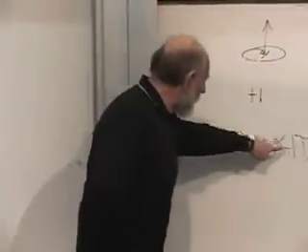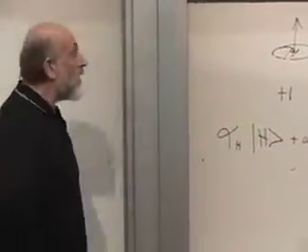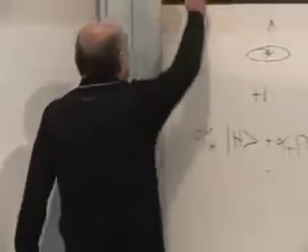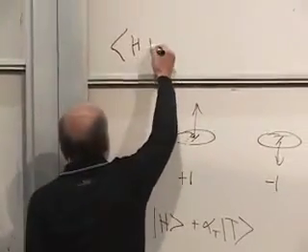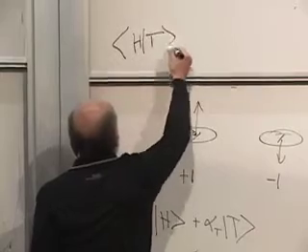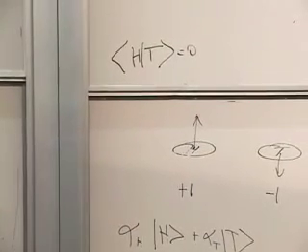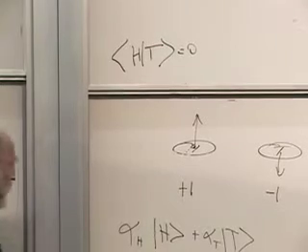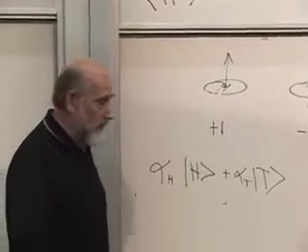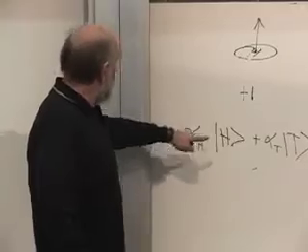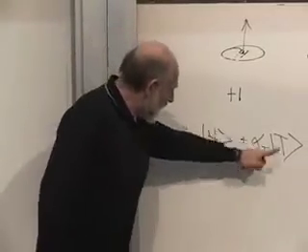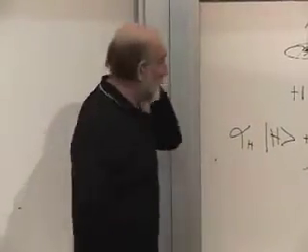So we assume that h and t are orthogonal to each other. That means that h and t have 0 inner product. Another rule, which is now somewhat arbitrary, but we can impose it, is that we can also choose the vectors h and t to be of unit length.